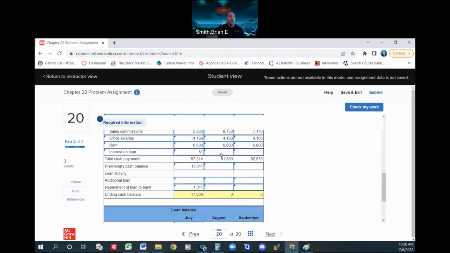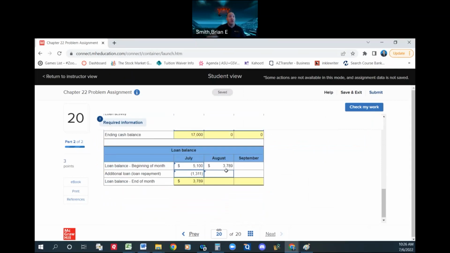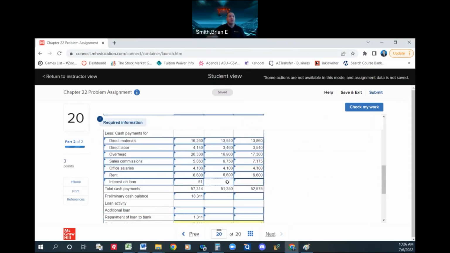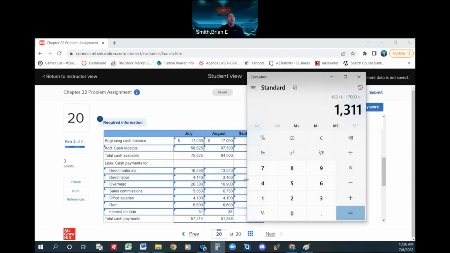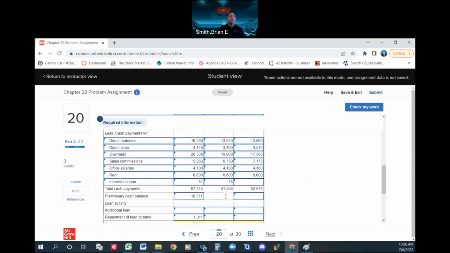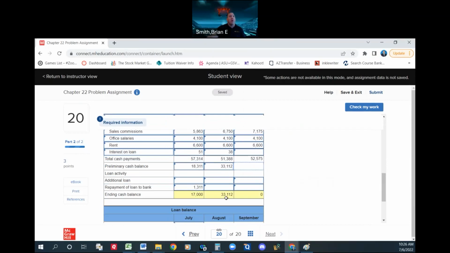And now, because we've already done this, all we got to do is our interest on the loan. And that's going to be $38, rounding that up. Our preliminary cash balance here is going to be 84,500 minus 51,388, 33,112. So we're definitely above our balance there.